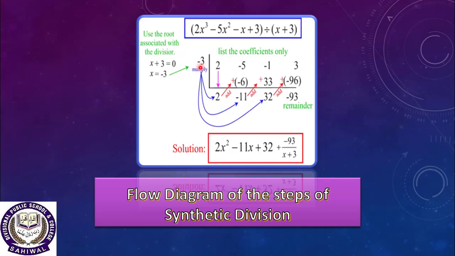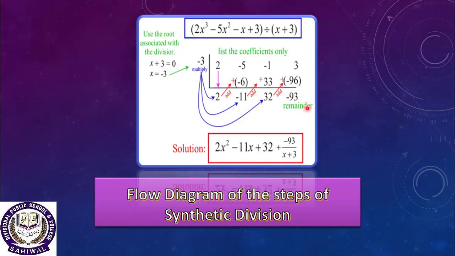Multiplying this 2 with -3, adding it in -5, we get -11. Again, multiplying this -3 with -11, we get +33, which is added in -1 and we get 32. Again, multiplying -3 with this 32, we get -96, which upon adding in 3, we get -93.